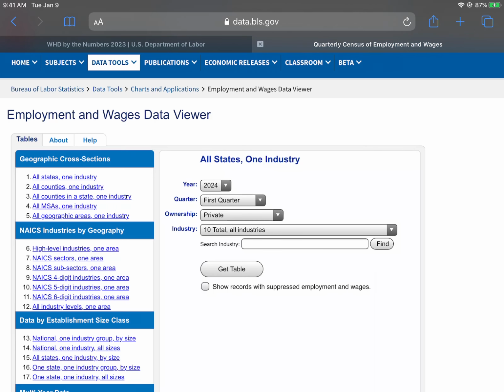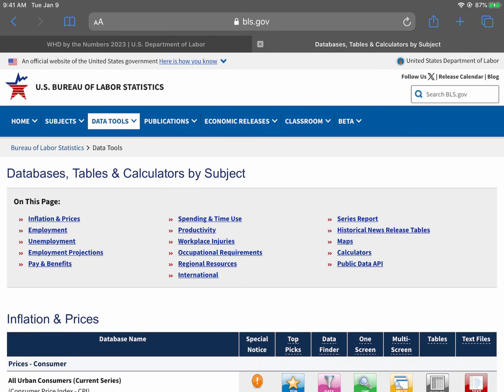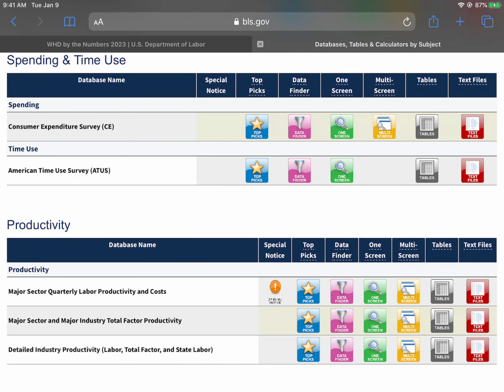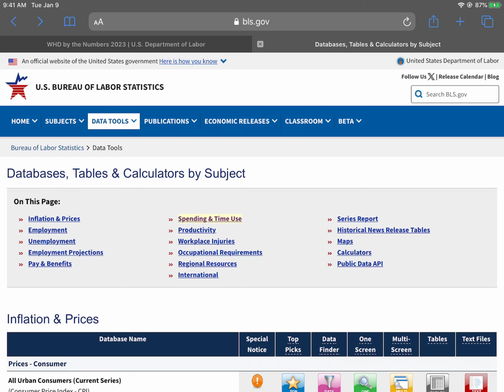You have data tools on inflation, unemployment, employment, projections about the future, and spending and time use, for example, so many things. It's very important that you check out these data sets.